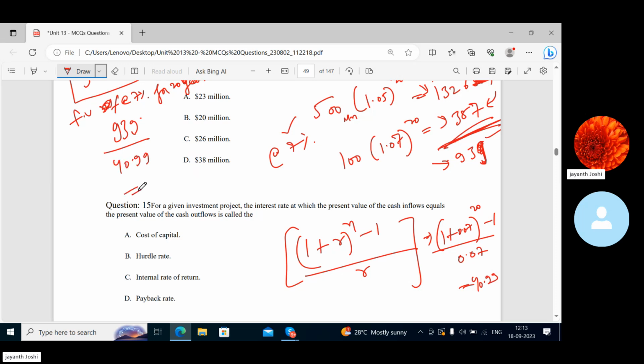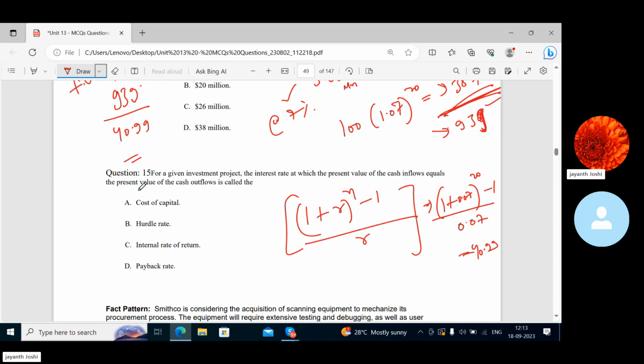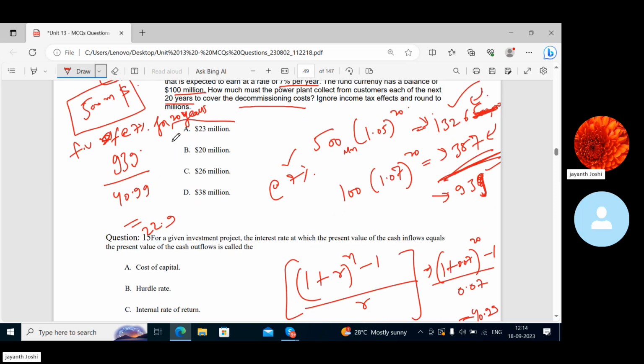Actually, in the CFA course we have finance calculators where we directly put this in the function and get the answers, but here in CMA they don't usually use them. So 939 divided by 40.99 is 22.9, so 23. So this much every year will become 939 in 20 years.